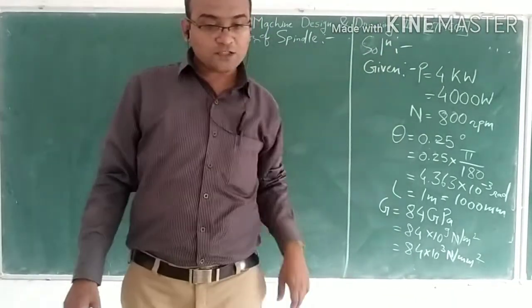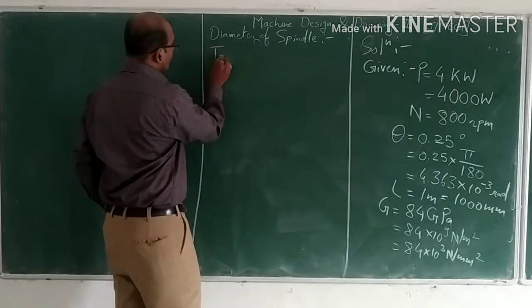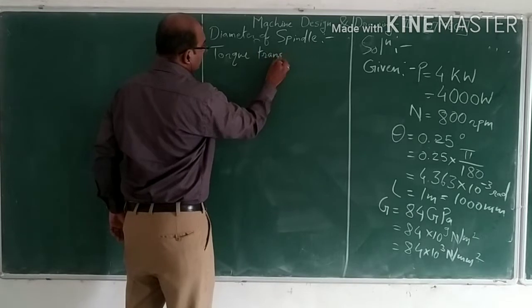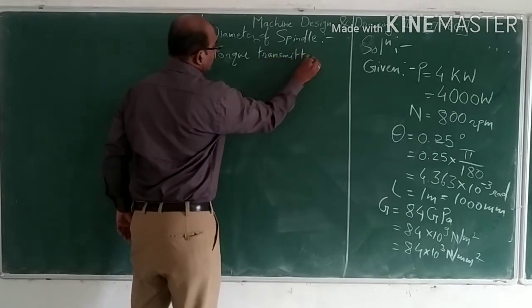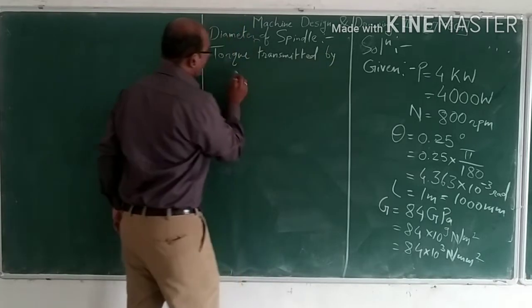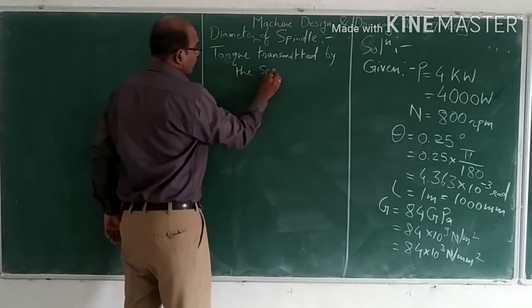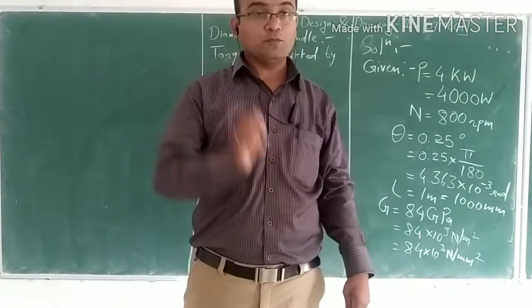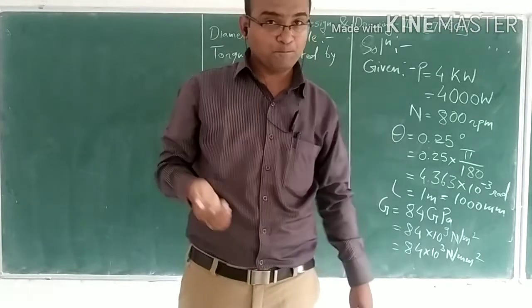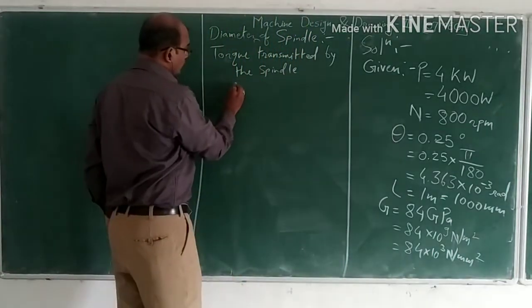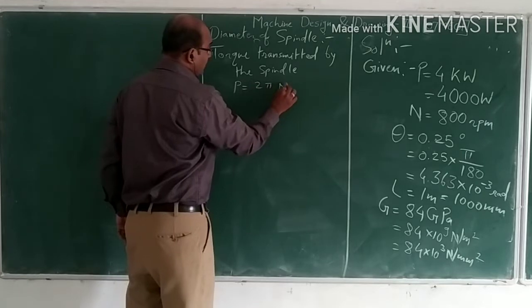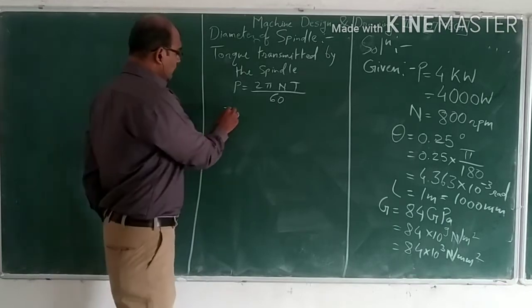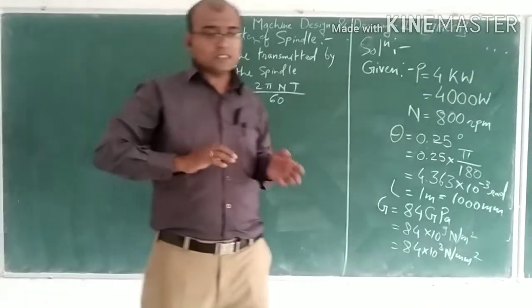So, the torque transmitted by the spindle: the formula is P equal to 2 pi N T by 60. As per that, we can convert it to T.